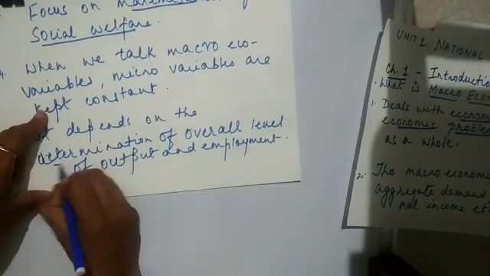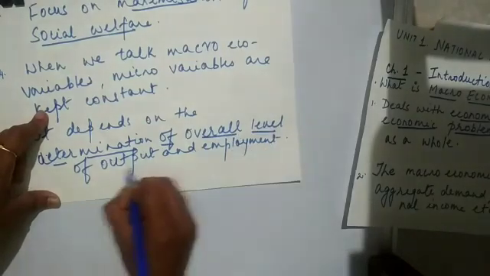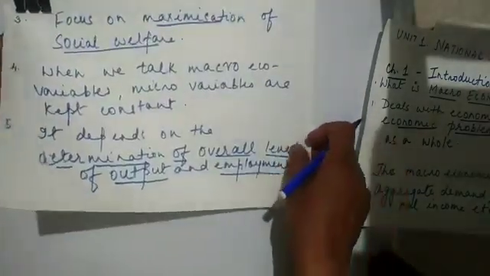Okay, determination of overall level of output and employment. So these are the 5 points you have to write about macroeconomics.